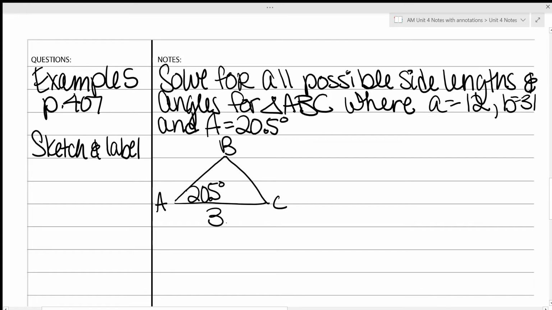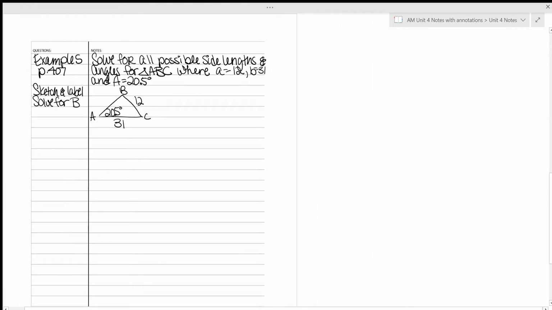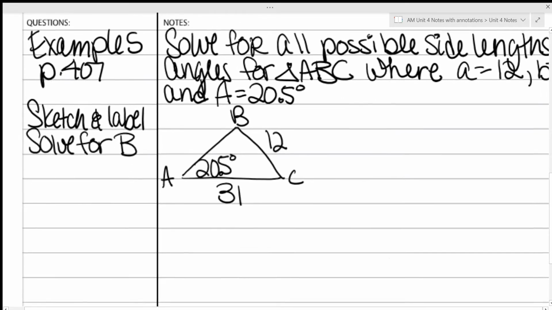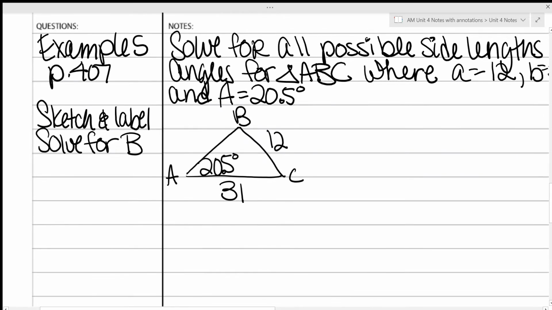B is 31. And side A is 12. Okay, we're going to set up our equation to solve for b. Okay, so that's my step 1, that's my step 2.